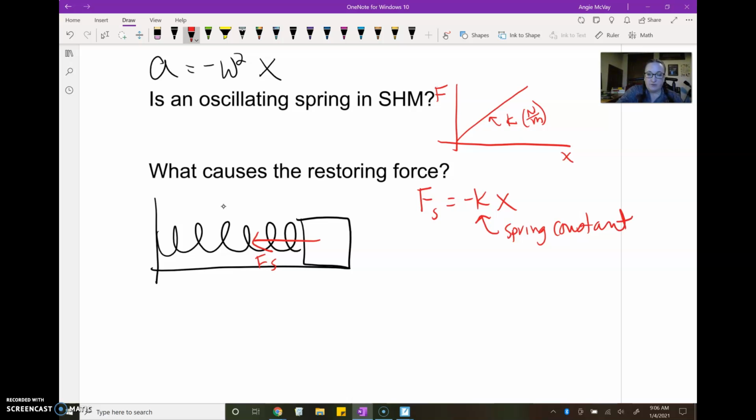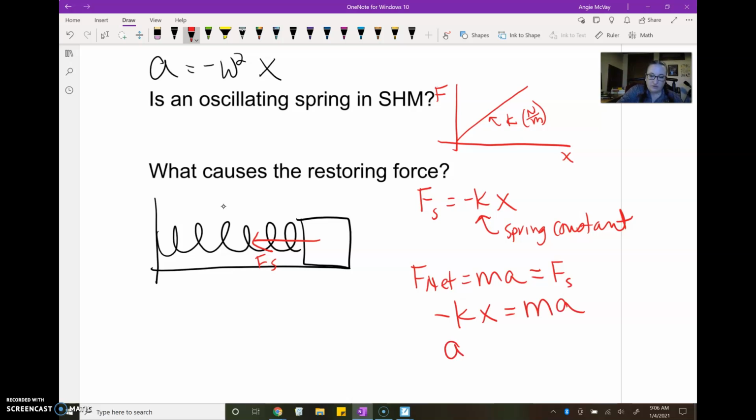If we're assuming there's a frictionless surface that this block is sitting on, we know that we're experiencing a net force that's equal to ma, and that net force is the spring force. So we can say the spring force is negative kx, and that's equal to ma.